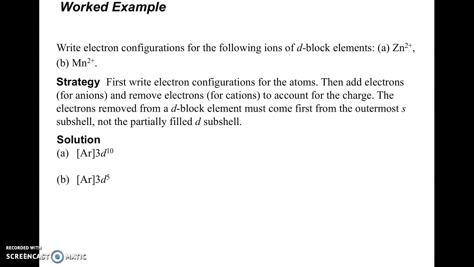It is the last of the d's to fill. So it's 4s2, 3d10. You take off those 2 4s electrons and you're left with a 3d10. For manganese, manganese is 4s2, 3d5, and so you just once again take those s electrons off.